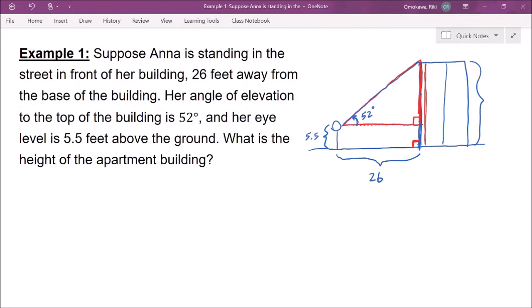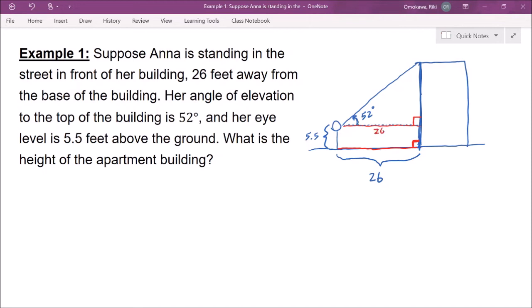What do I mean? So let's clean this up a little bit. First of all, we're trying to do SOHCAHTOA on this triangle, and this triangle has no side lengths. So we have to think where we can get some side lengths from. And if you notice, this length on the ground, 26 feet, should be the same as this length right here, right? Because it's just that same length moved up a little bit.